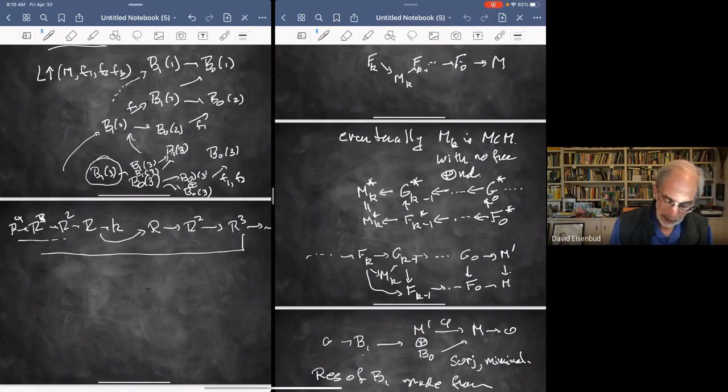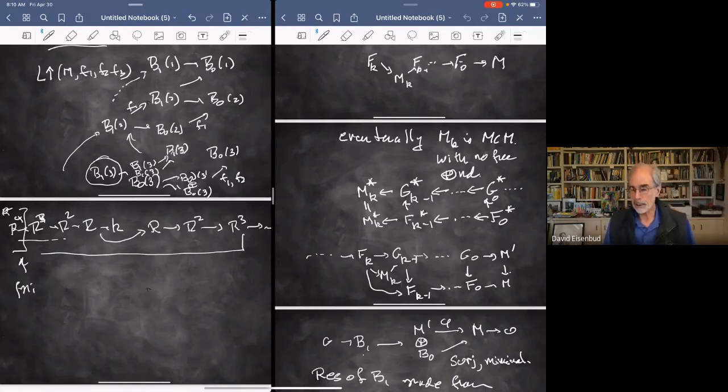You have to be back here to make it minimal. I guess it's periodic after this, or grows. So if you start from here, you get minimality. In other words, if you do this construction for this syzygy, you get minimality, but for no syzygy further to the right, and there are infinitely many of them. So you might have to take an arbitrary number of syzygies before getting to one where minimality will hold, and that's just a fact of life.